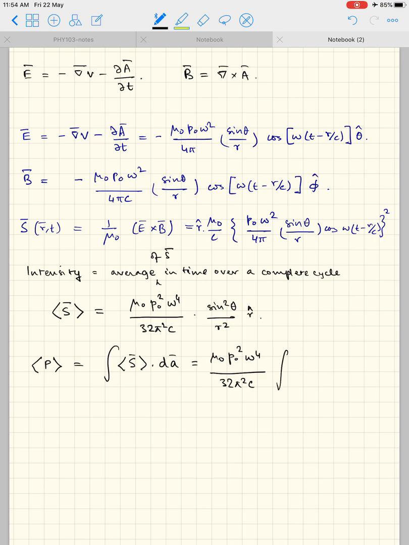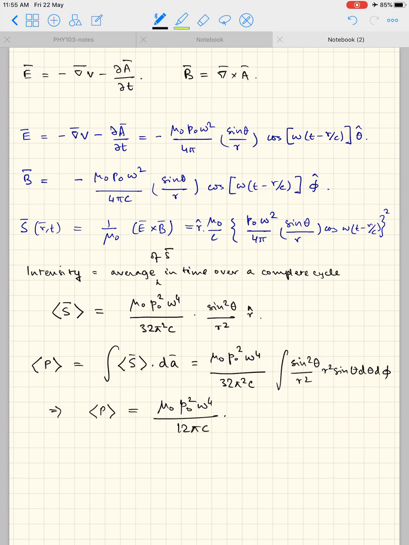I need to integrate. There is a sine squared theta over r squared, and there is r squared sine theta d theta d phi. And once you do this, what you get is P equals mu naught p naught squared omega to the 4 by 12 pi c.